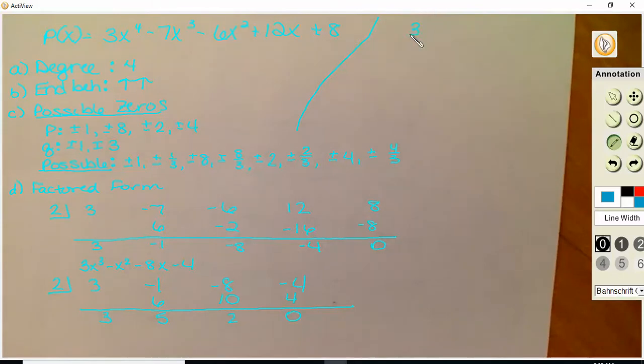So we have 3x squared plus 5x plus 2. So we go to box method. Multiply to 6, add to 5.